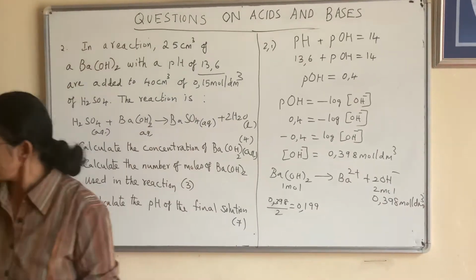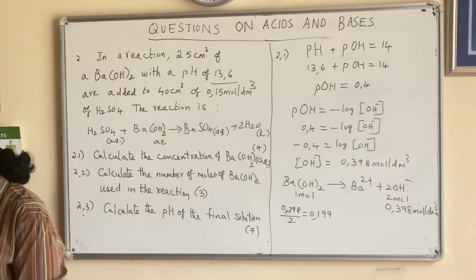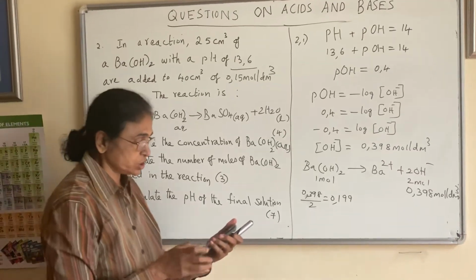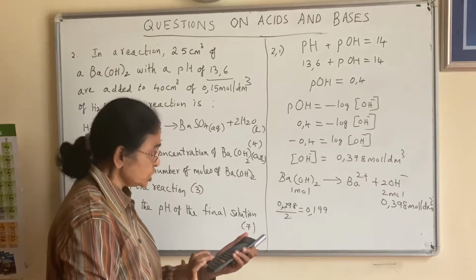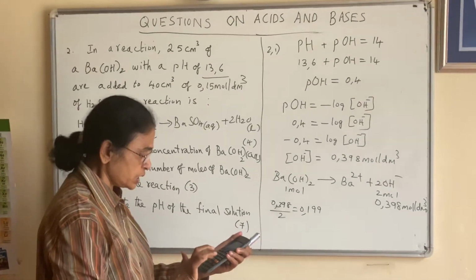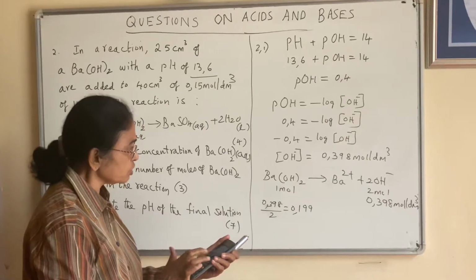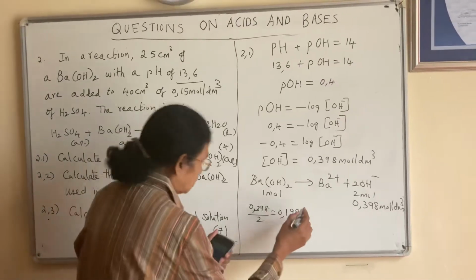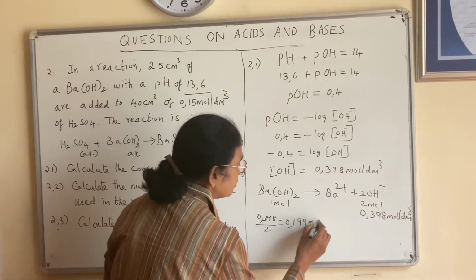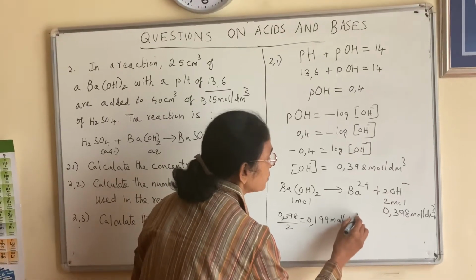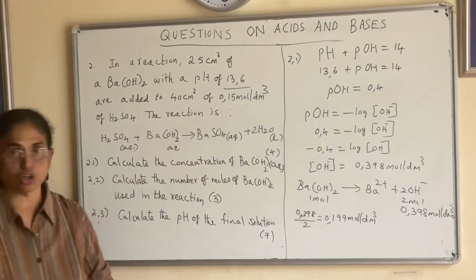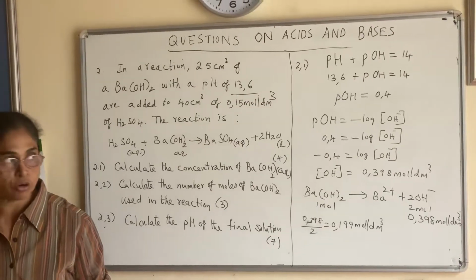Let's check the calculation: 0,398 divided by 2. What is going to be the value? 0,199 mole per decimeter cube. So this is the first part of the question. We have found the concentration of barium hydroxide.